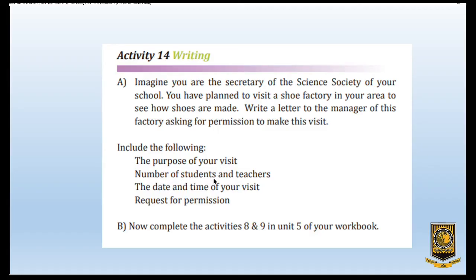Then the number of students and teachers going to visit the place. Date and time, those things should be included so the person can arrange the matter for you. Request for permission. What are you going to put for the topic? You can put request for permission to see the shoe factory.